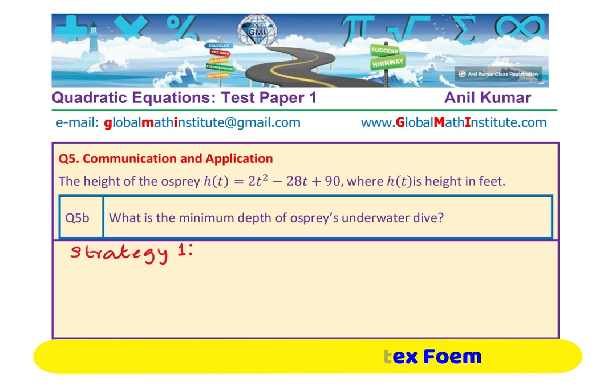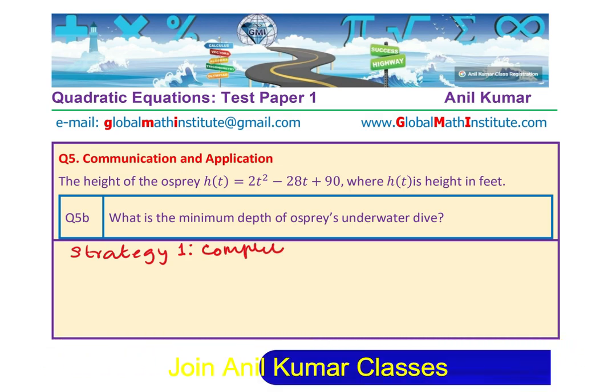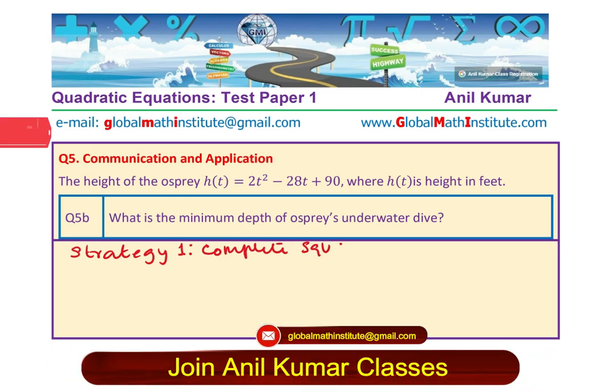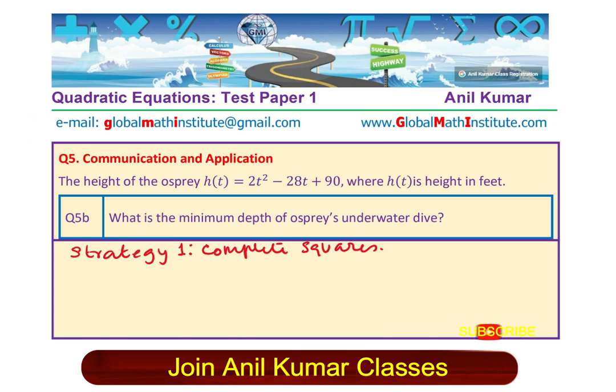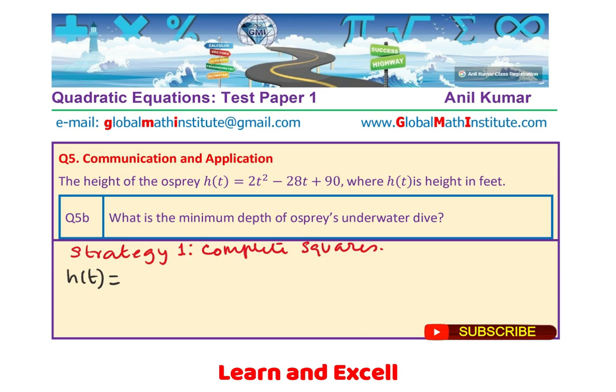In strategy 1, we'll complete the squares. Now, when we complete the squares, we can write this in the vertex form. That was also an extended part of this question, correct? Right, so let's do that. So h of t is equal to, from this particular equation, we can factor out 2.